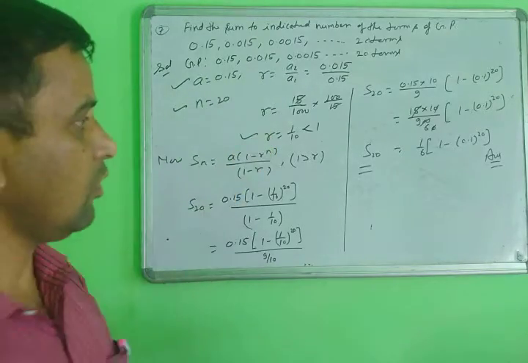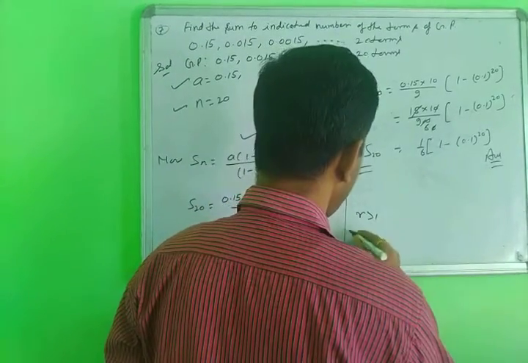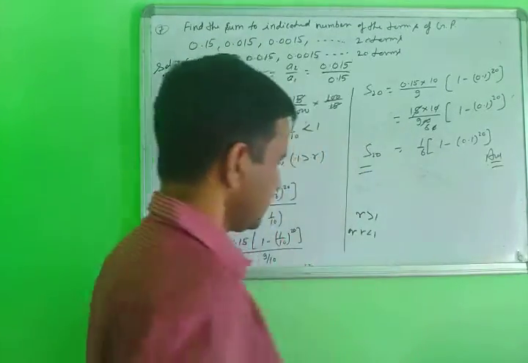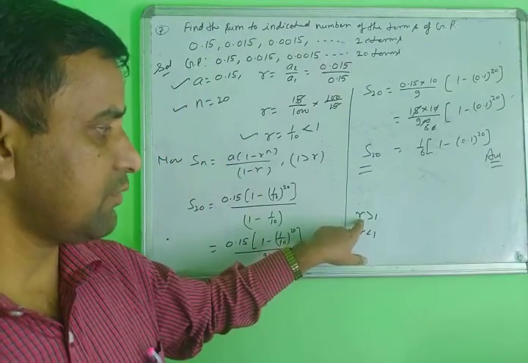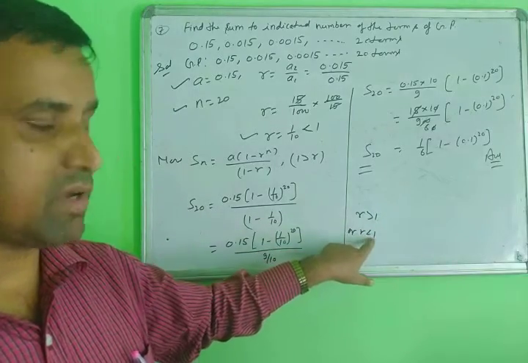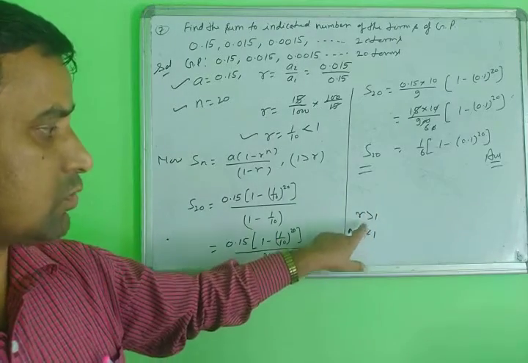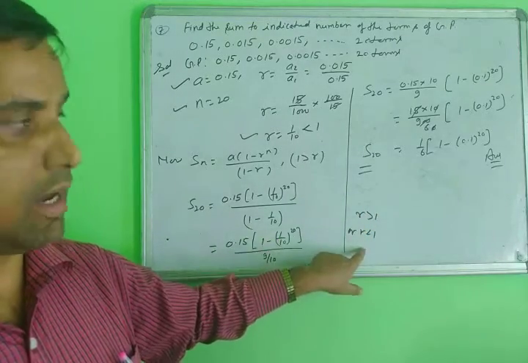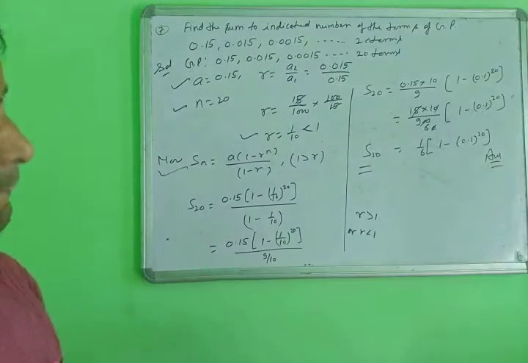What is the value of r here? r is greater than 1 or r is less than 1. The identity is different for both series. When r is greater than 1, the identity of Sn is changed. When r is less than 1, the identity of Sn will be changed. Then you focus on r, what the value of r is, and then you use the corresponding identity of Sn. Yes, note it down.